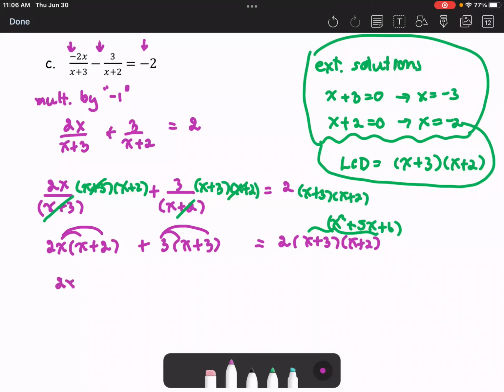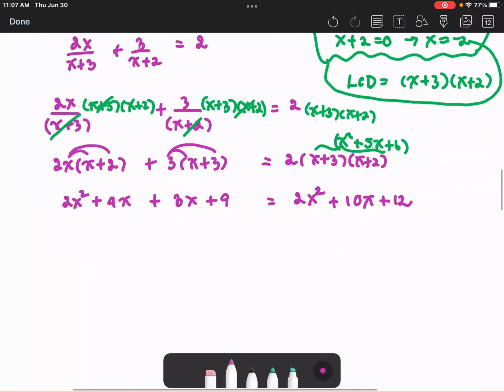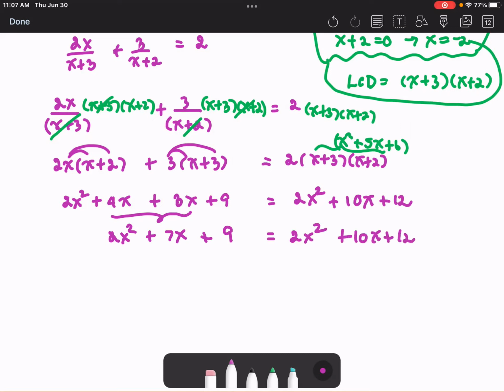Then we get 2x squared plus 4x plus 3x plus 9 equals 2x squared plus 10x plus 12. And then on the left hand side, we have two like terms, 4x and 3x. Now we get 2x squared plus 7x plus 9 equals 2x squared plus 10x plus 12.